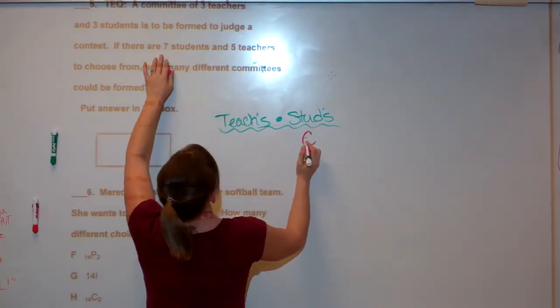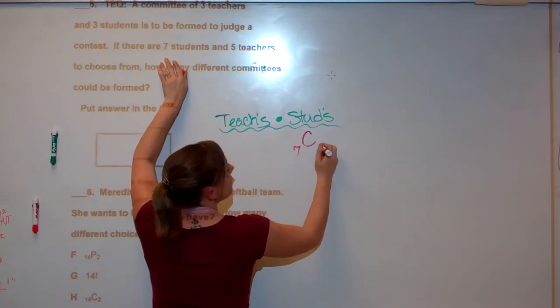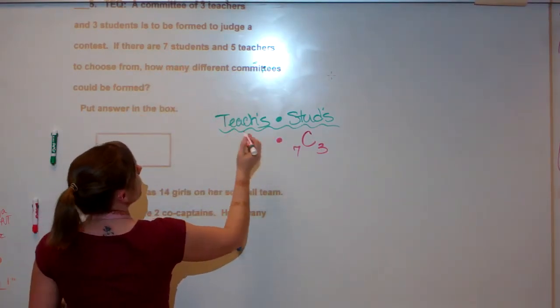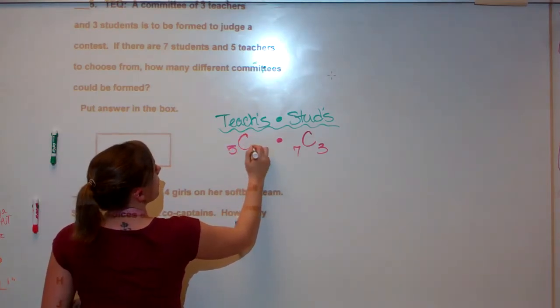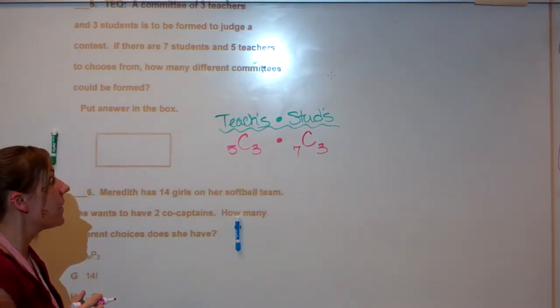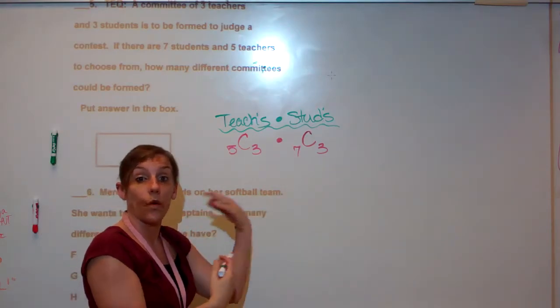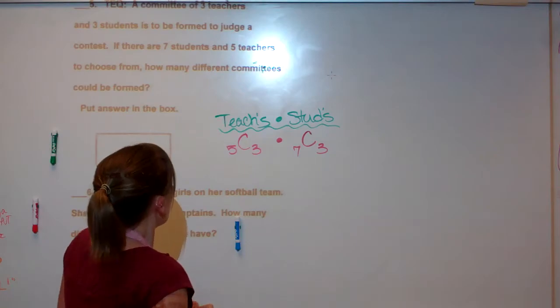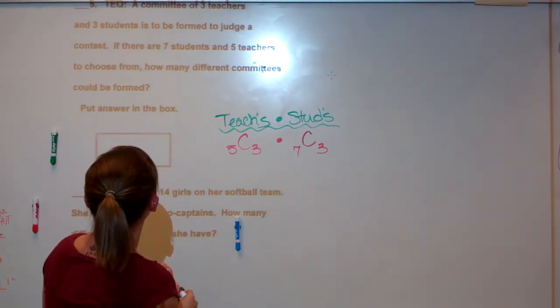And we've got 7 students and 3 are going to be chosen. We're going to multiply that to the teachers, which there's 5 teachers and 3 are going to be chosen. Okay, so we're going to use combination because the order is not picky. I can choose any 3 students, and it doesn't matter who is chosen when.